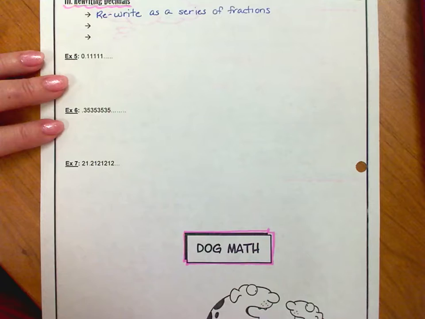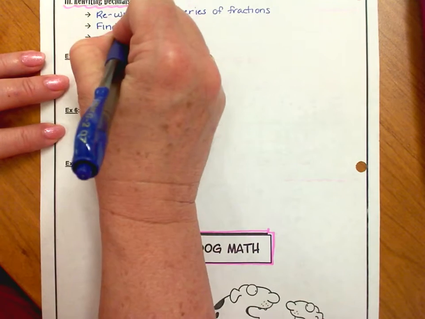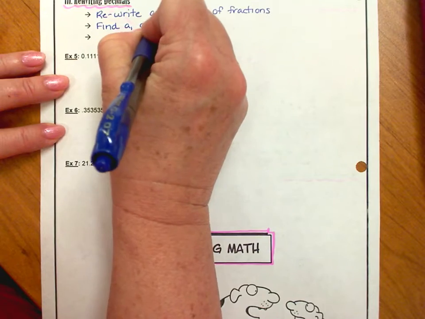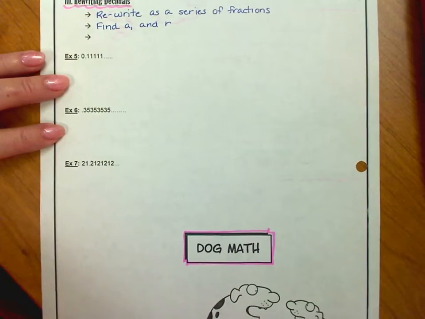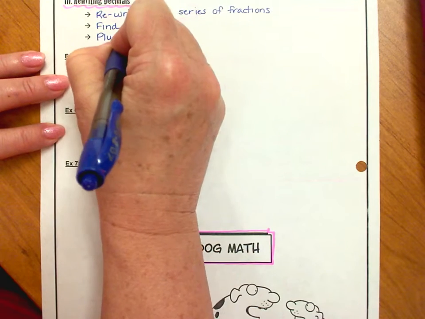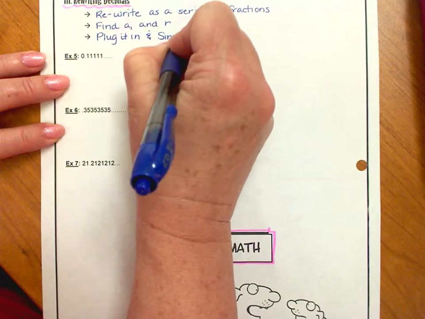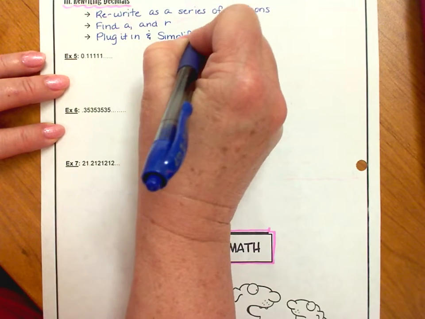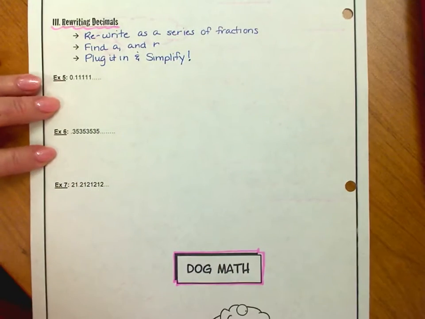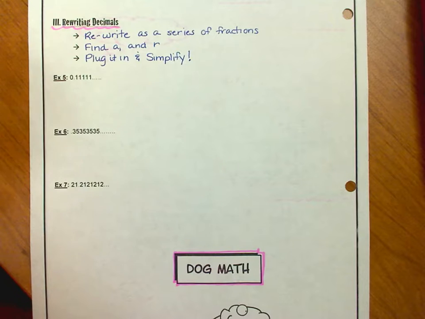Okay, then because we're using sums, we're going to find a sub 1 and our common ratio. And then last but not least, we're going to plug it in and simplify. All right, so let's take a look at this. Make sure you're pausing as we go if you're not getting all of this down.